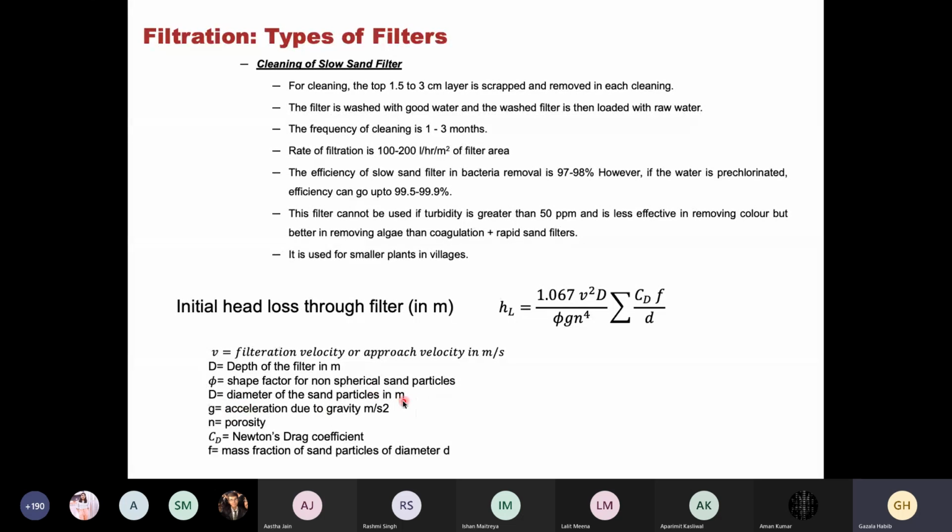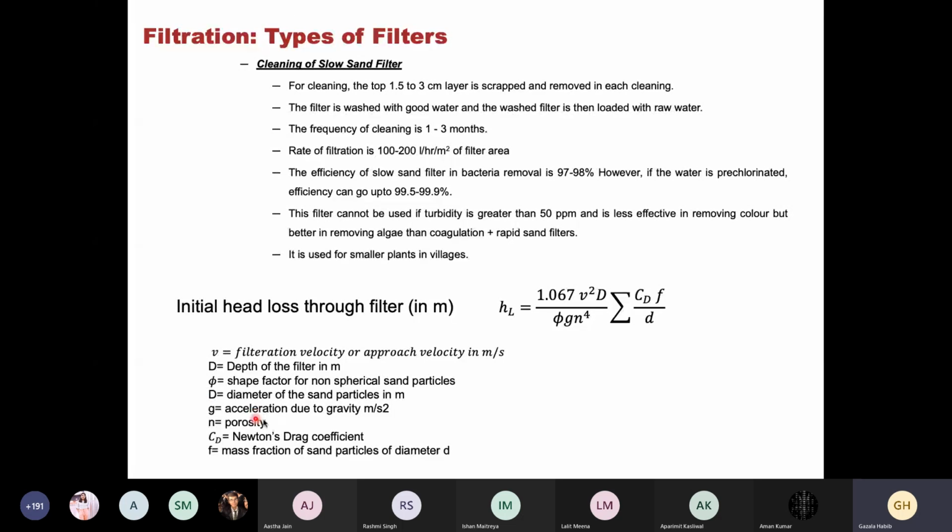Maybe we can have a sand material of uniform size, that is also possible, but in general we do not have uniform size particles. We have a certain fraction of a particular size and then a certain fraction of another size and so on. That is why we do the sieving of the sand material, to know the fraction of a particular size of sand particle in the total media. g is acceleration due to gravity, and we also need the porosity of the filter media.